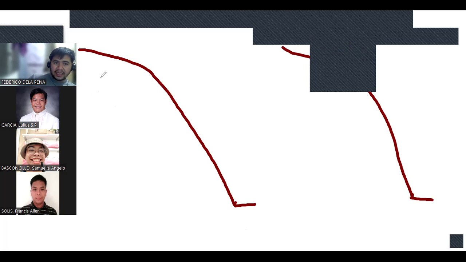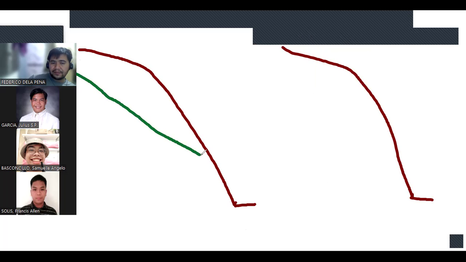Let's say in the first rock slope, you have a discontinuity that is dipping moderately steep. In the other one, you have a discontinuity that is very steep.